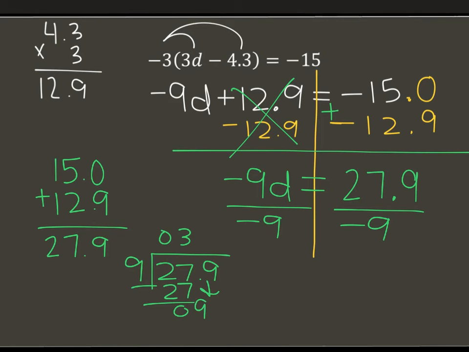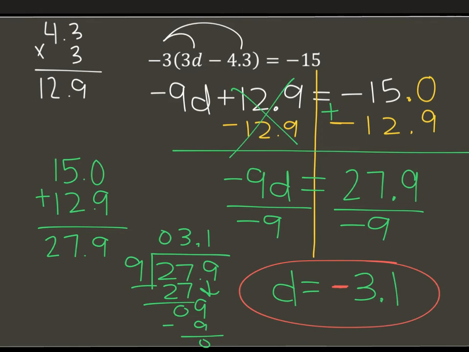Drop your 9, 9 goes into 9 1 time, but don't forget, shoot your decimal straight up through the roof there. So we're left with d equals, our division told us it was 3.1, however, it was a positive divided by a negative, so it should be a negative 3.1 in our final answer.